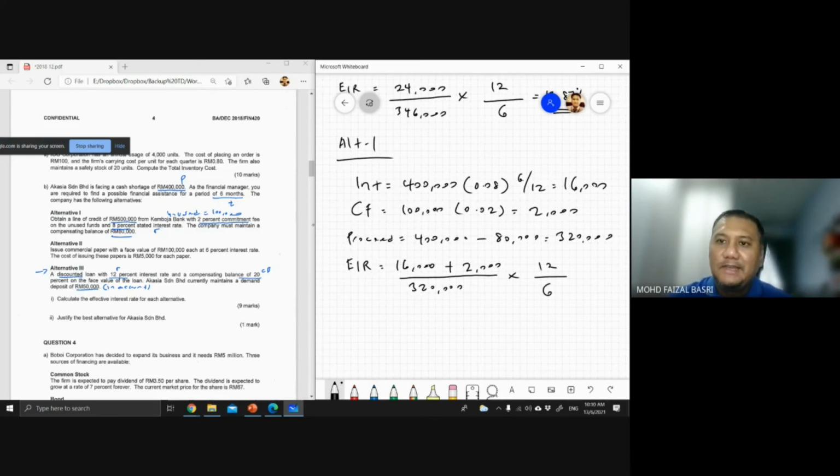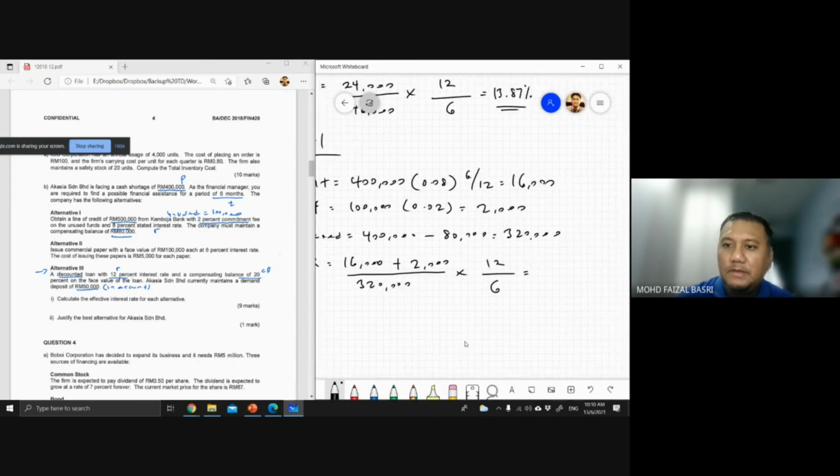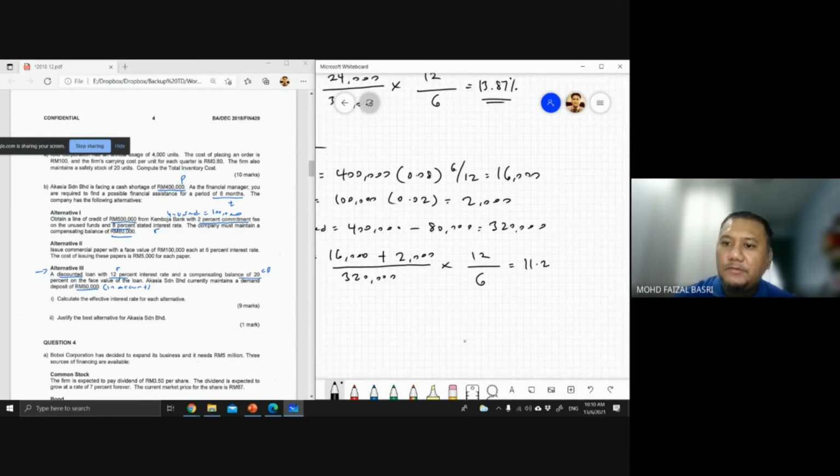Okay, why 6 again? Macam tadi lah, because this divide by T, 12 divided by T. So T dia is 6 months. So 18 divided by 320. So here we have 11.25%.